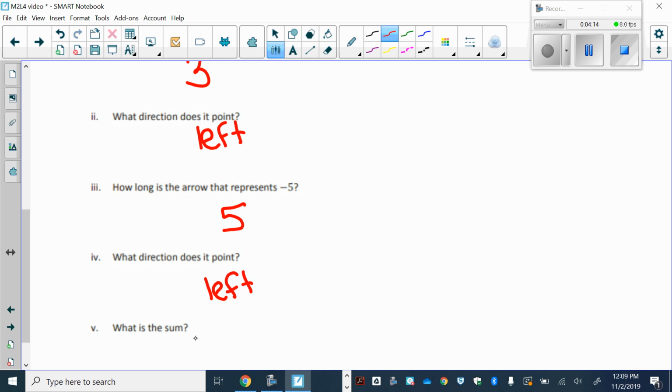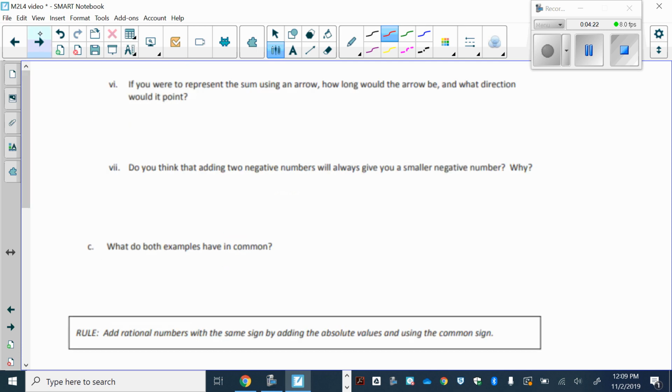What is the sum of negative 3 plus negative 5? Well, the final stop was negative 8. If you were to represent the sum, negative 8, using an arrow, how long would the arrow be? It would be in what direction? It would be 8 units to the left. Do you think that adding two negatives will always give you a smaller negative number?